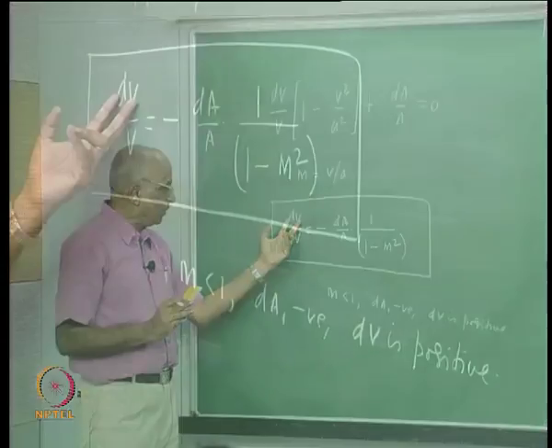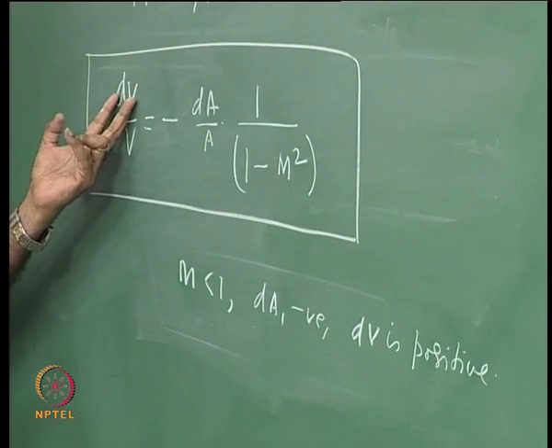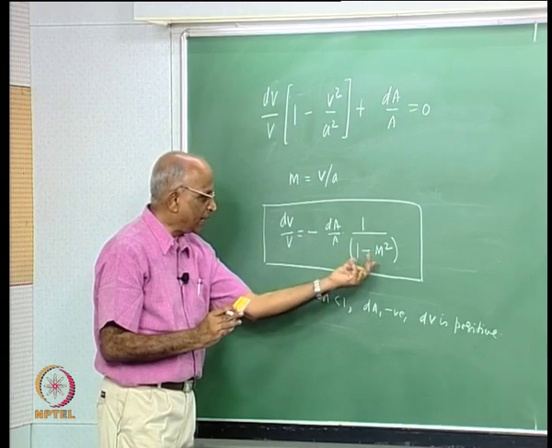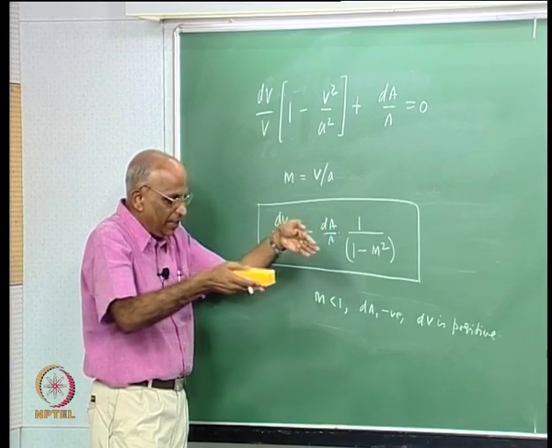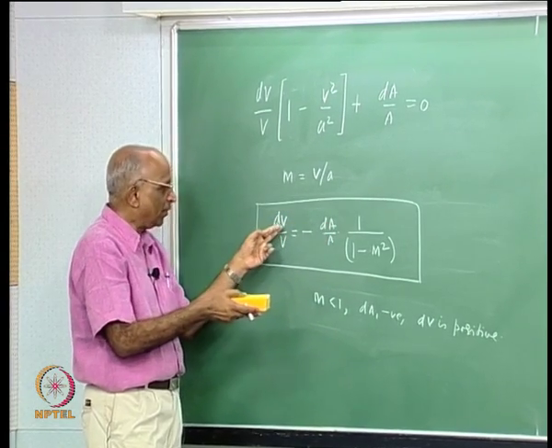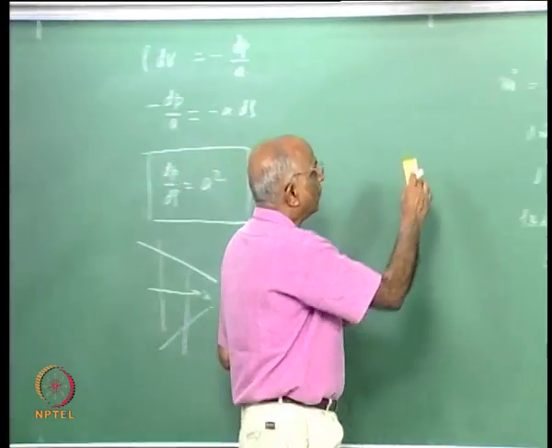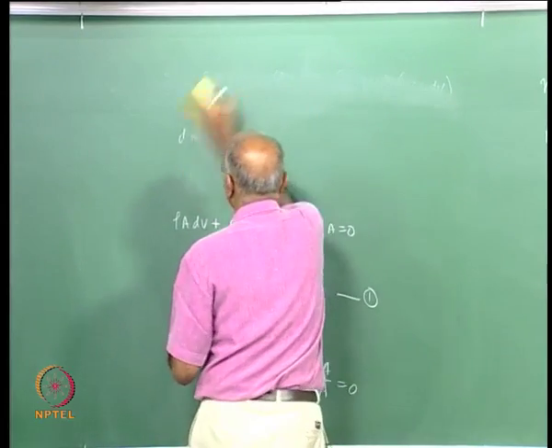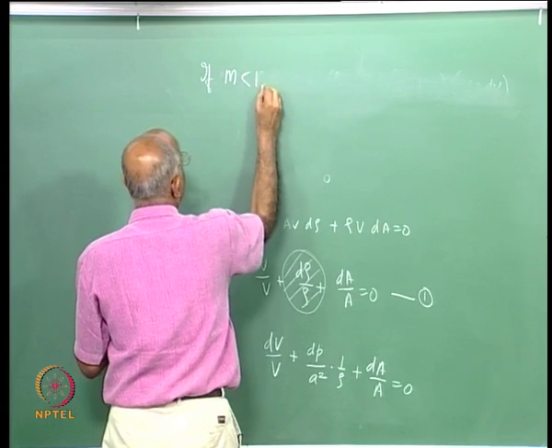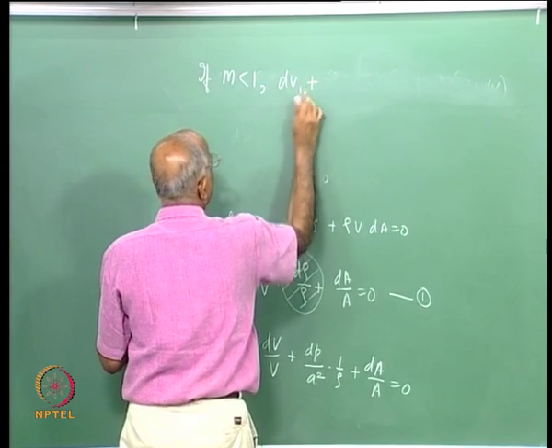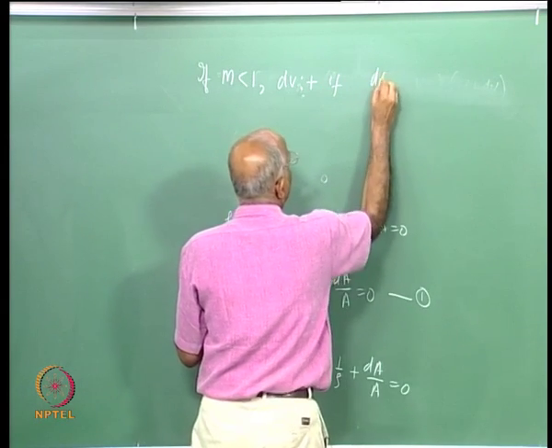I want the velocity to increase as the flow progresses. If M is less than 1, I get this to be a positive number, it is still minus of this, therefore unless I have area which is decreasing as x proceeds, I cannot have a positive value. In other words, flow will accelerate, or increase in velocity, if Mach number is less than 1, dV will be positive if we have dA to be negative.